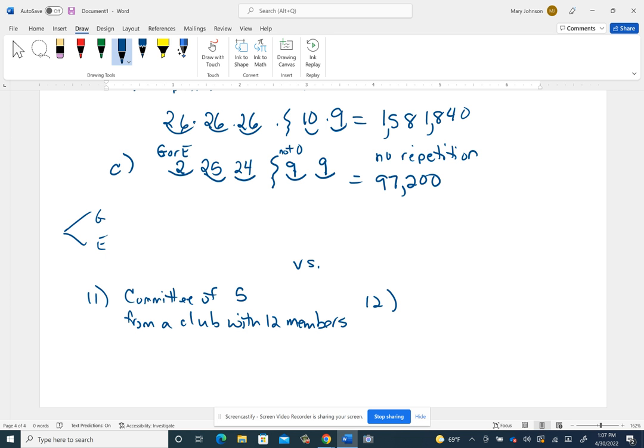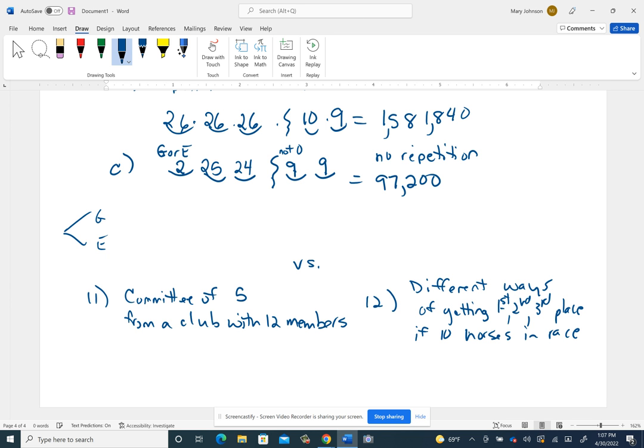And then question number 12 was 10 horses in a race, different ways of getting first, second, and third place. In other words, how could they finish, all the different ways that they could finish.